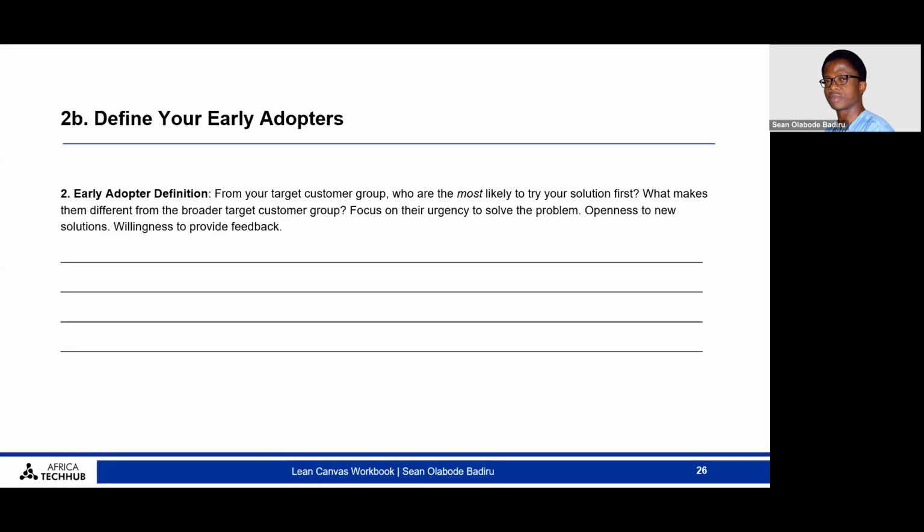If you're talking about target early adopters, you're talking about those that will adopt it faster. So urgency is key. Openness to new solutions is key. Willingness to provide feedback is key. So can we decide? Let's think.